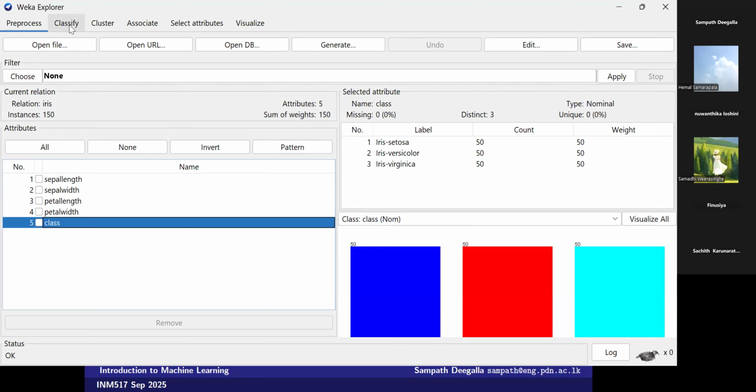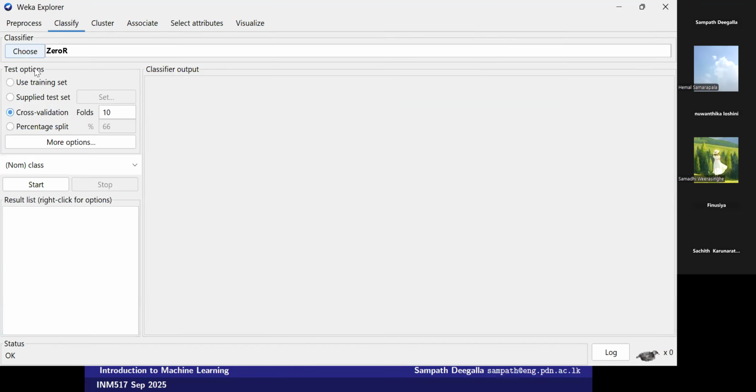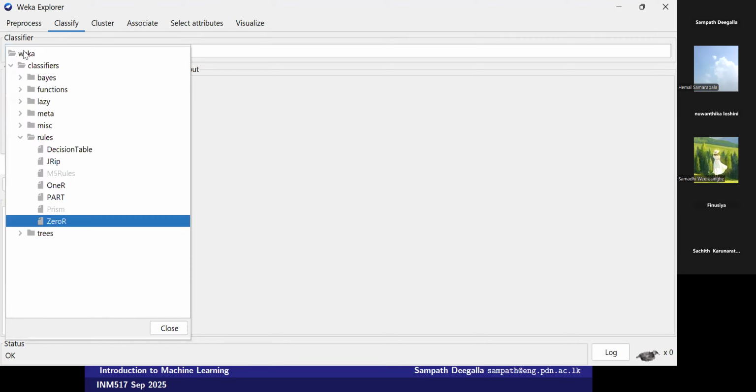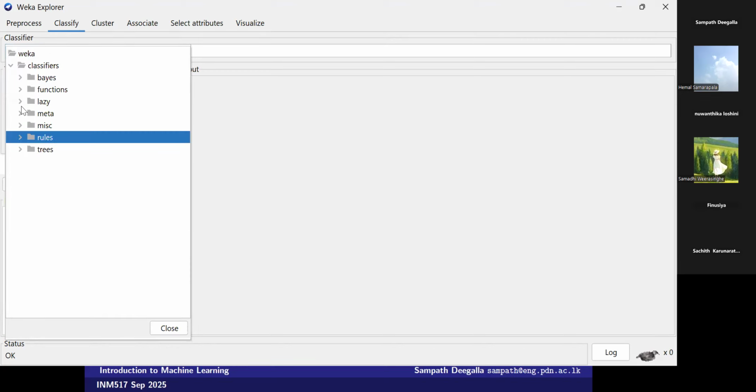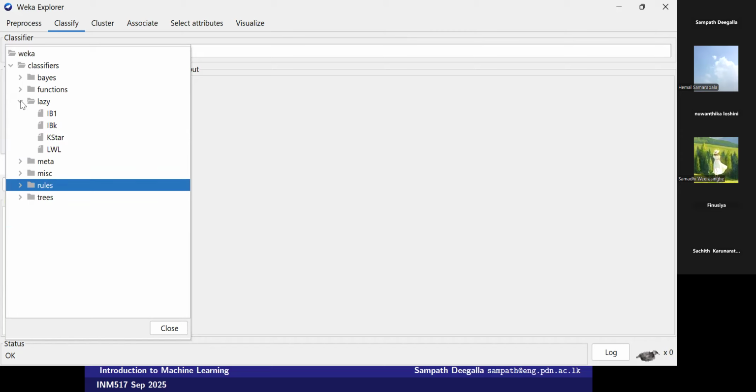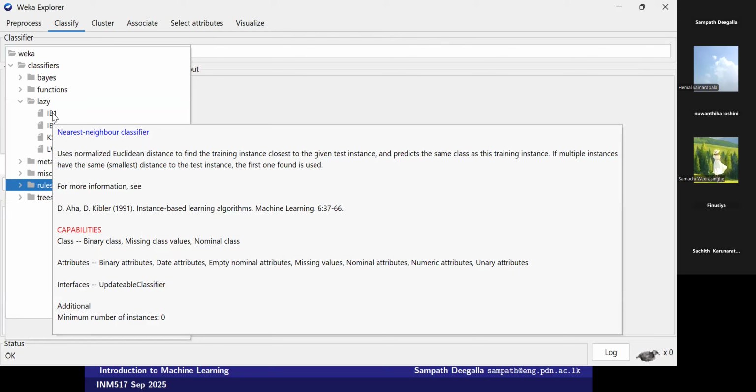So let me go to the classify tab. In this case, if I'm going to use nearest neighbor, you have to click it here. You go under lazy algorithms, and IB1 is for simple nearest neighbor.